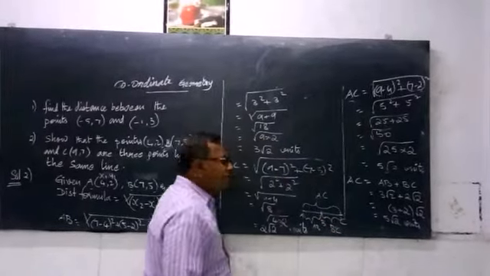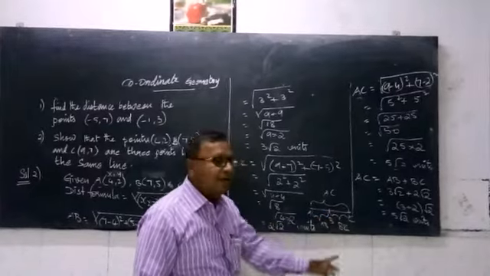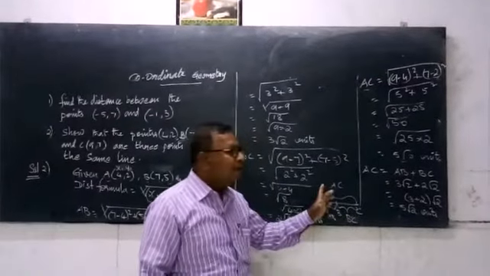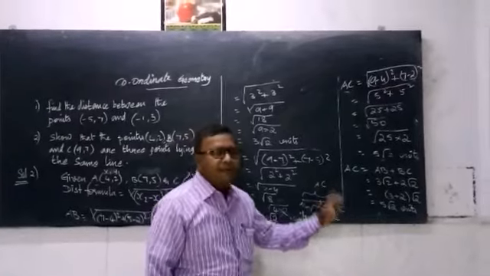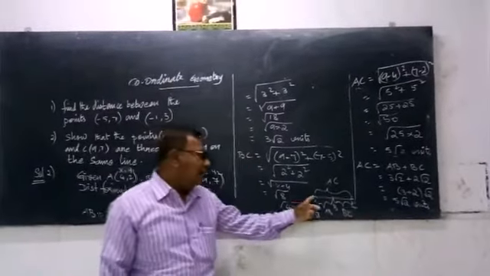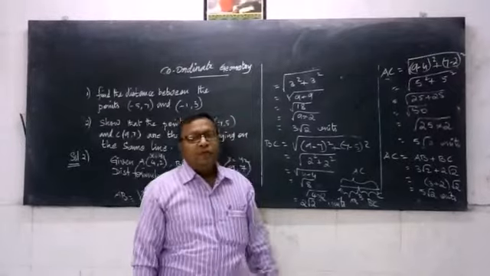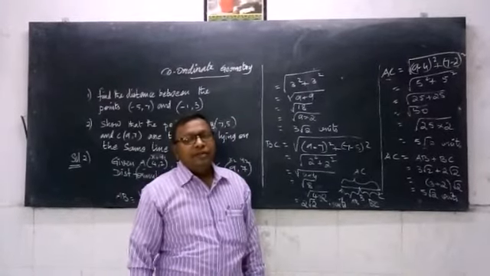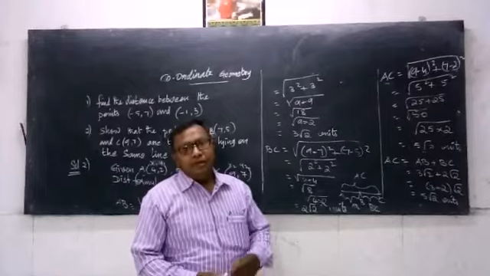Isn't it? So it's very clear that the points A, B and C which are given to us are lying on the same line. For such points we call them collinear points. A, B and C are called collinear points.